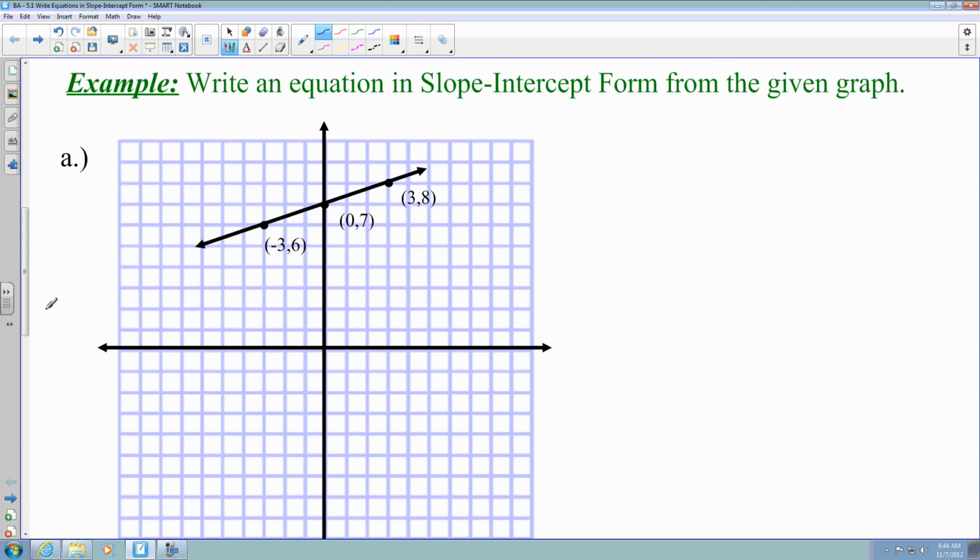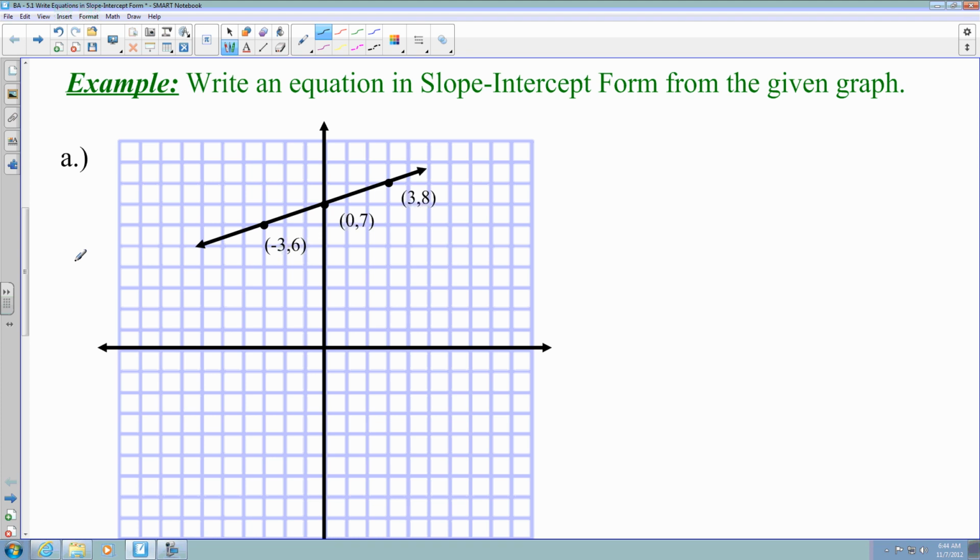In this example, they want you to write in slope-intercept form from the given graph. We were given several points: negative 3, 6, 0, negative 7, and 3, 8.